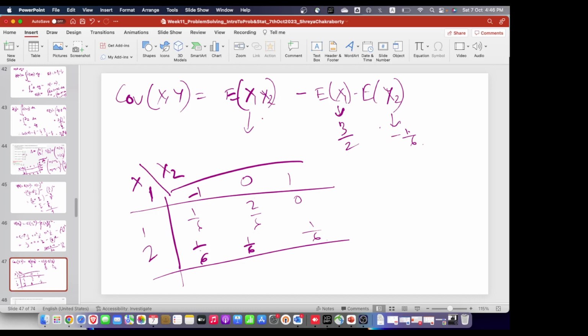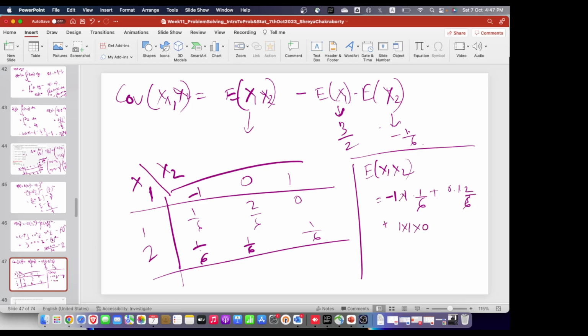So expectation of x1, x2 is minus 1 into 1 into 1 by 6 plus 0 into 1 into 2 by 6 plus 1 into 1 into 0.